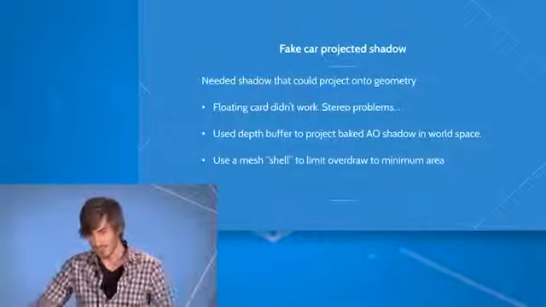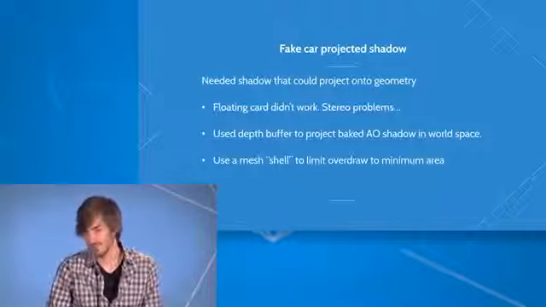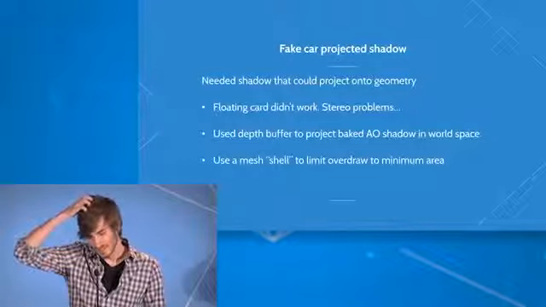For the car shadow, we had to get a little more complicated. The dynamic car came over the curb on the left, so we couldn't really just use a card. That was my first attempt, to use a regular card, but this is the stereo problem again, where a flat floating card looks like a flat floating card. So I had to get a little more in depth with that.